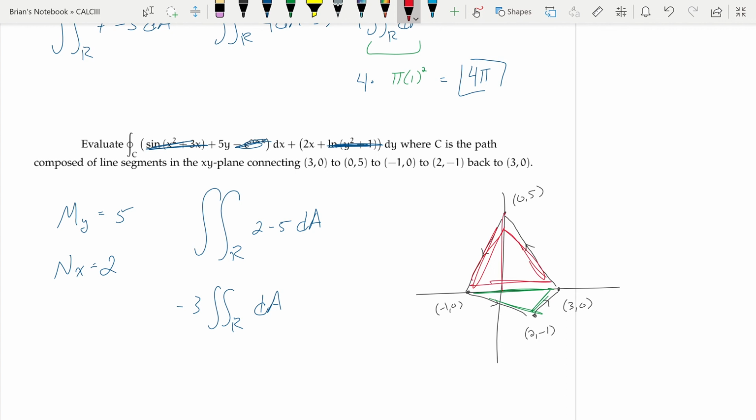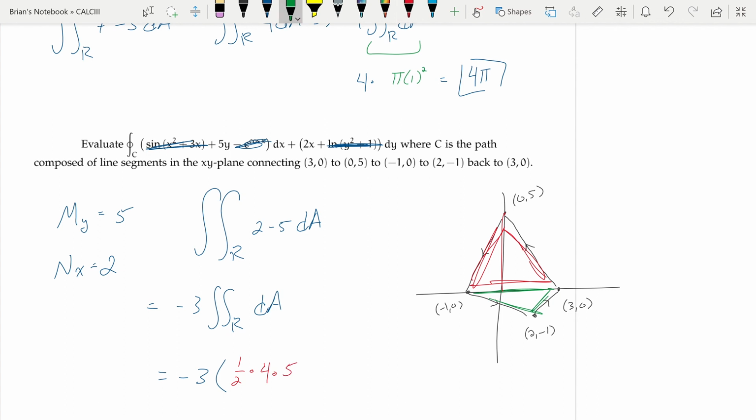The height of our red triangle is, so our final integral would be negative 3 times our first triangle, which is 1/2 times the base, which is 4, because we go from negative 1 to 3. So 4 times our height, which is 0 to 5, 5.